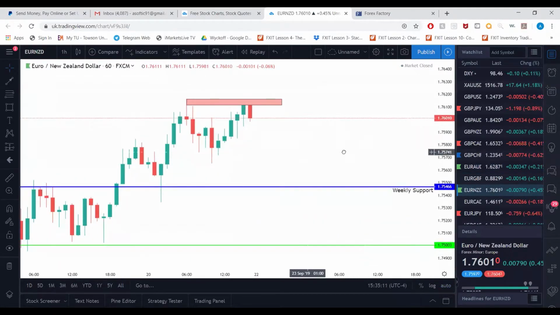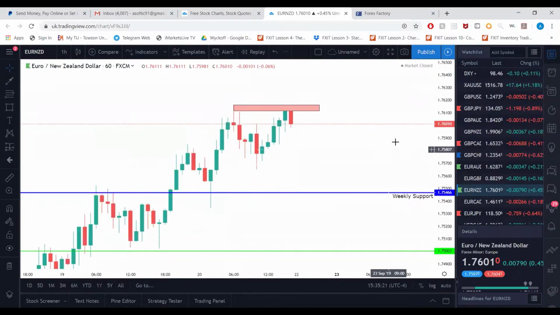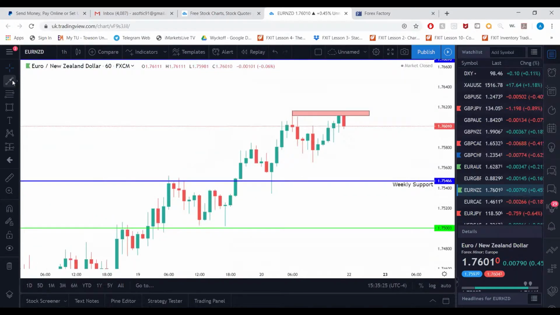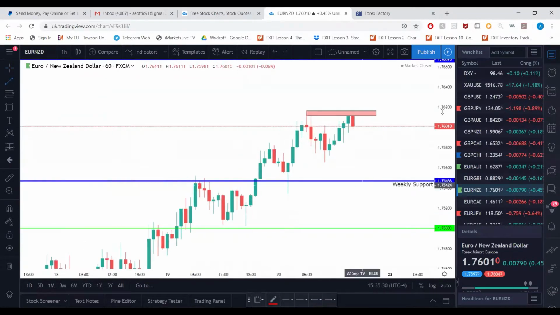I know 95% of the time same. Exactly applies to GBP AUD and GBP NZD. And as you trade and become more familiar with those pairs, you will be able to see that for yourself. Let's just see here.